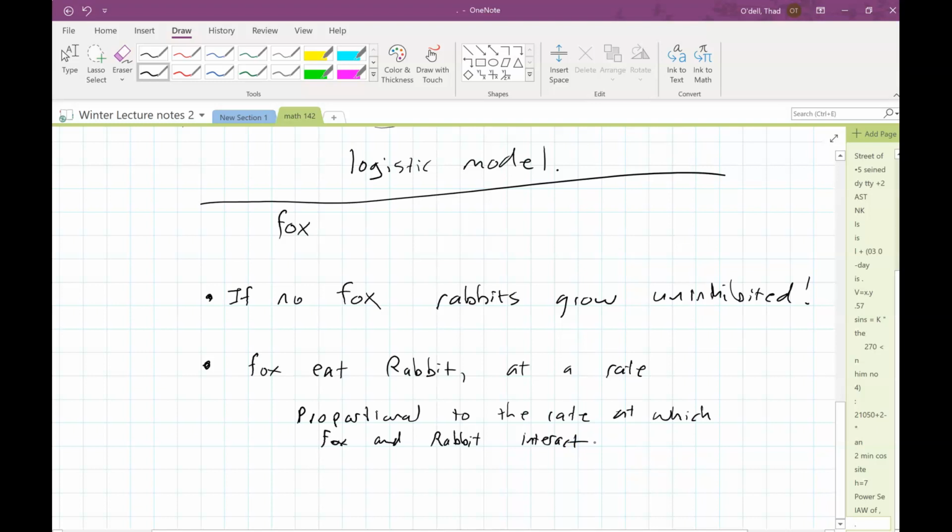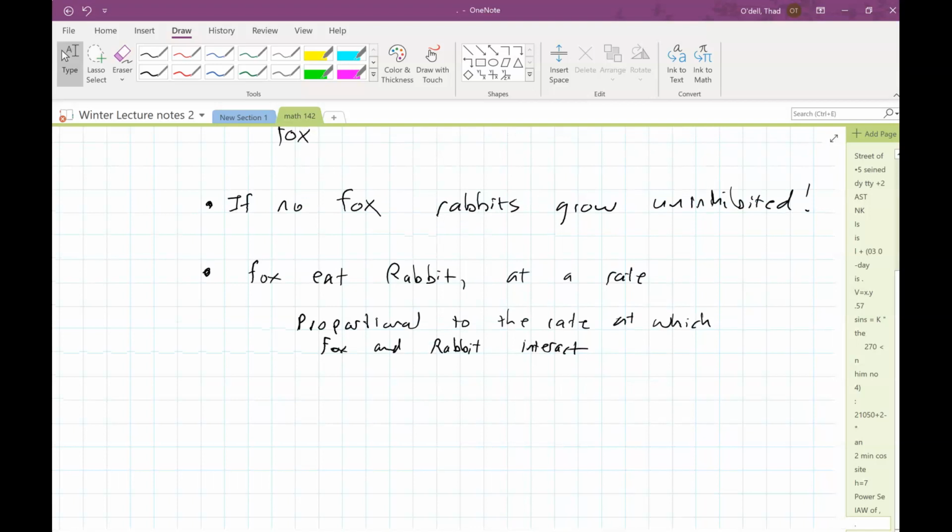In other words, if we have a bunch of fox and rabbit running around in a meadow or field or whatever, there's a certain percentage chance that they're going to interact. And what happens when a rabbit and fox interact? Well, the fox is probably going to eat the rabbit. Now, of course, the rabbit could get away, so there's some kind of a constant of proportionality. Anyway, we'll have to deal with that.